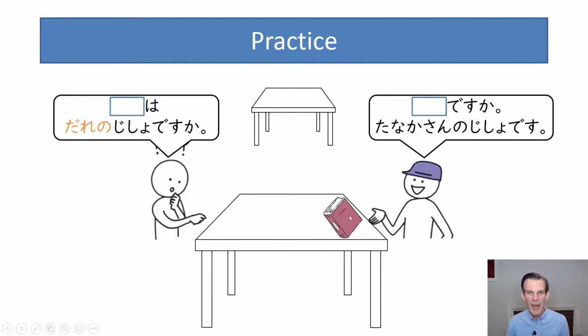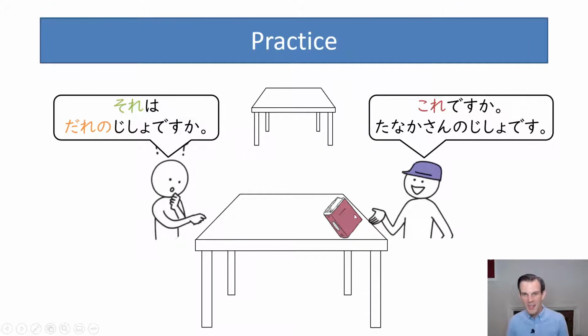How about then we have a dictionary, 辞書, right? The speaker wants to ask whose it is, and the listener will tell the speaker. So this would be, それは誰の辞書ですか? It's close to the listener, so it's それ. And then the listener would say, これですか? 田中さんの辞書です.